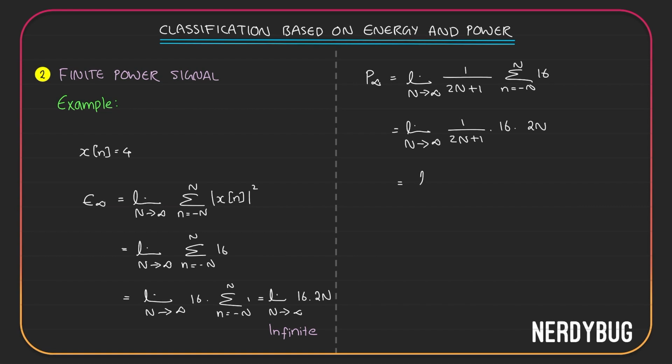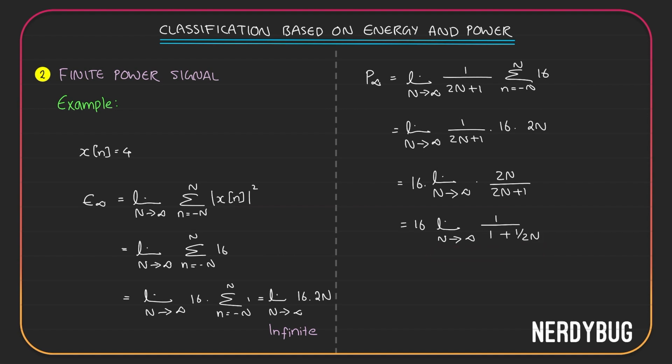So this is limit n tends to infinity. 16 is a constant. How about I write it here? Then I have 2n divided by 2n plus 1. I am going to divide the numerator and denominator of this part by 2n. What do I get? 16 limit n tends to infinity 2n by 2n divided by 2n by 2n plus 1 by 2n.